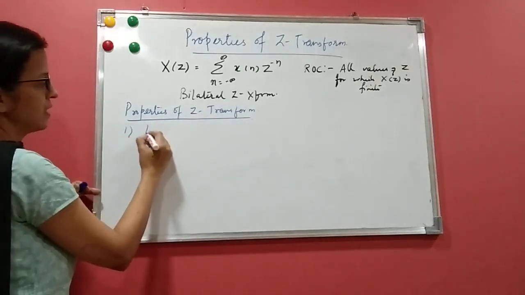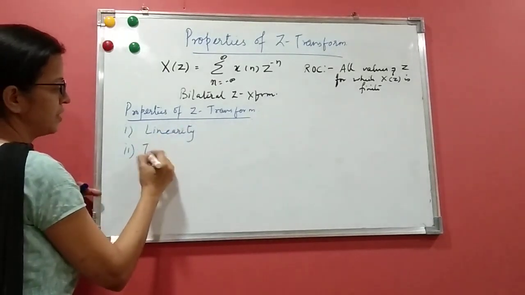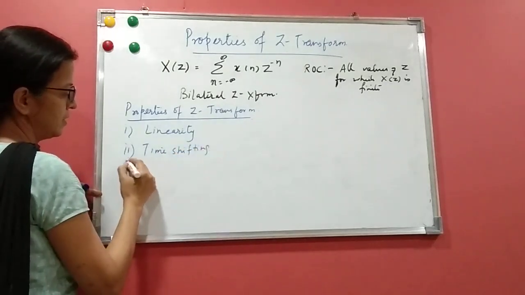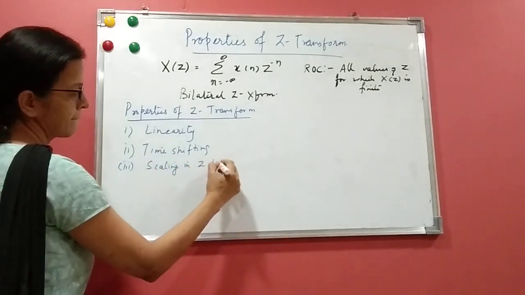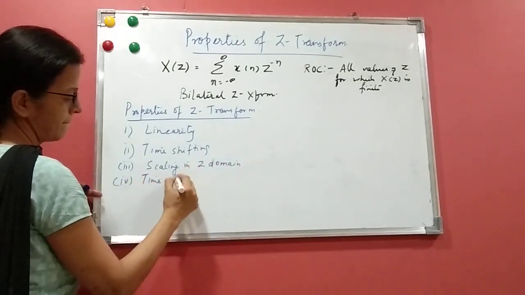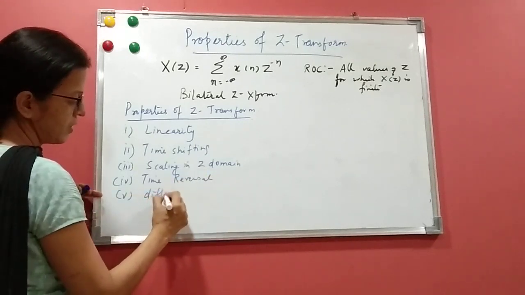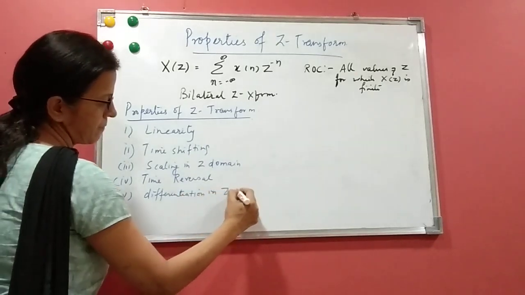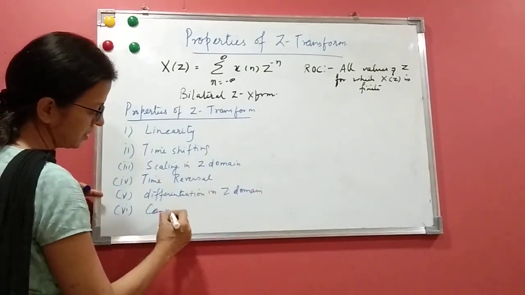First one is linearity, second is time shifting, third one is scaling in Z domain, fourth one is time reversal, fifth one is differentiation in Z domain, and the sixth one is convolution property.